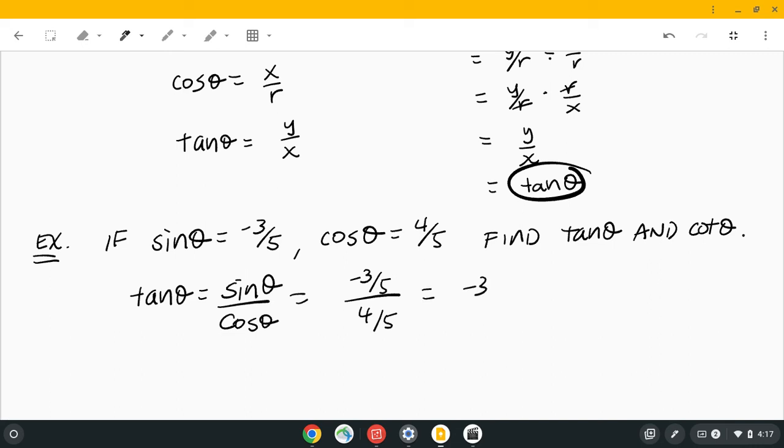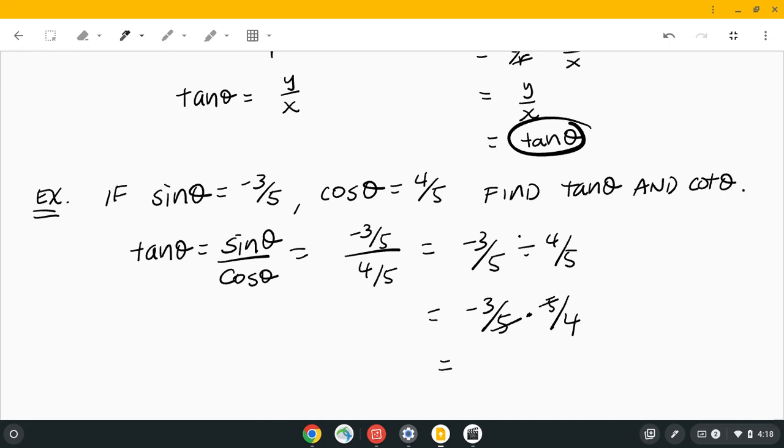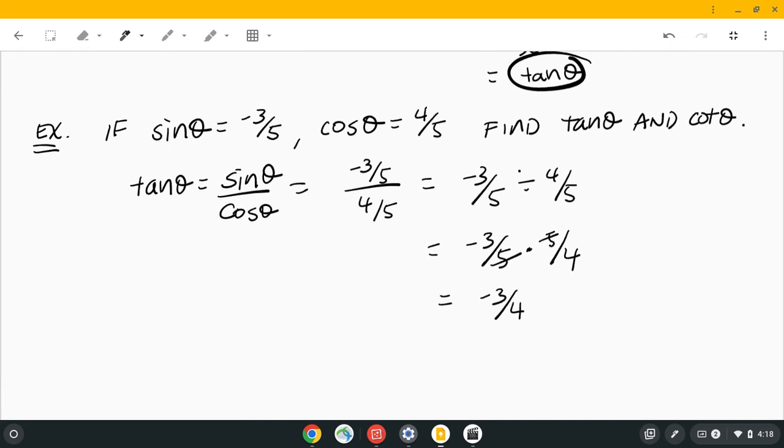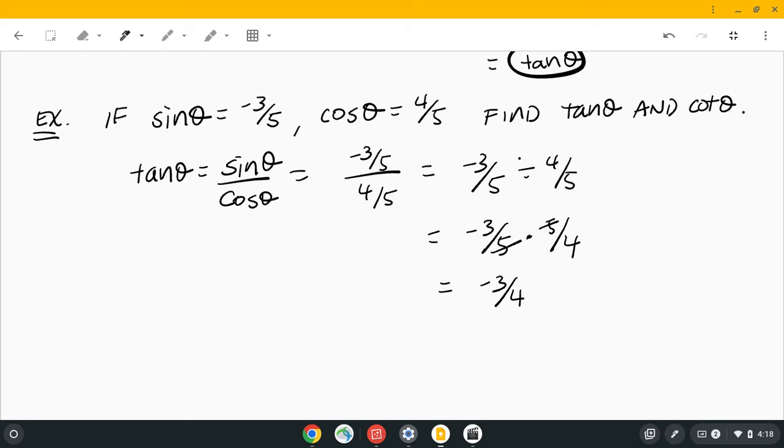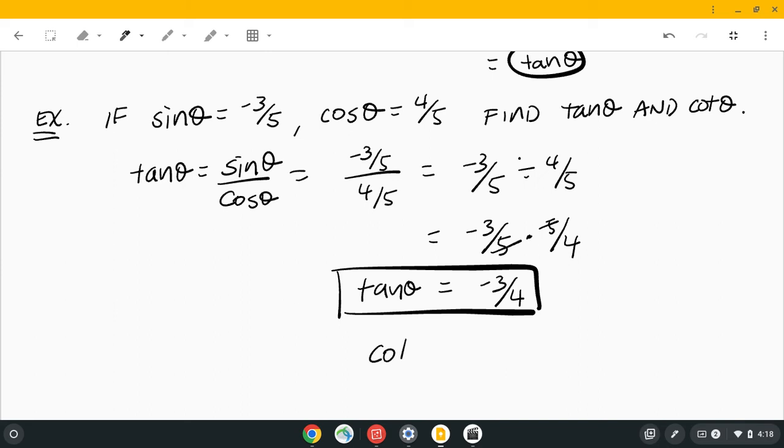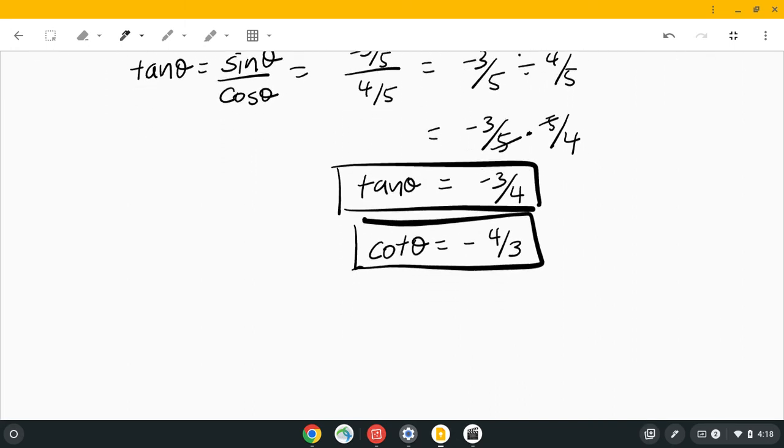Treating this like division, negative 3/5 divided by 4/5, we change it to multiplication by the reciprocal, and those cancel out. So we get negative 3 over 4. Tangent theta equals negative 3 over 4. Therefore, cotangent theta equals negative 4 over 3. Those are pretty straightforward as well.